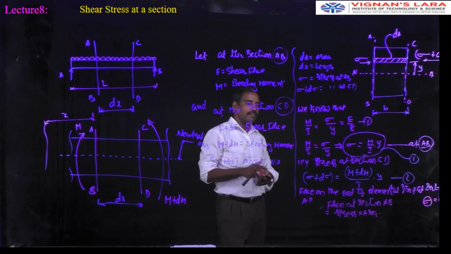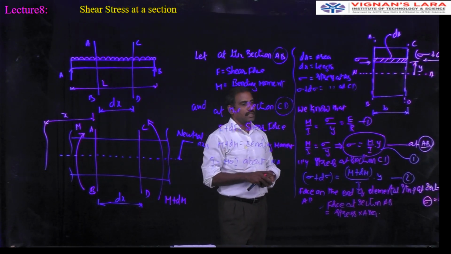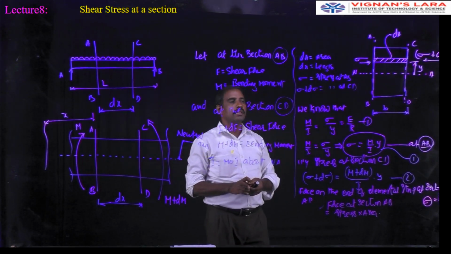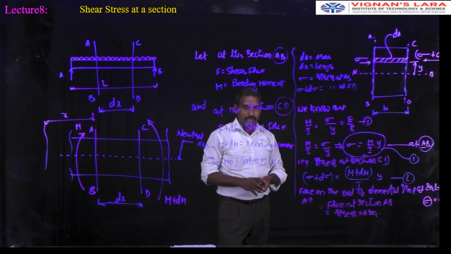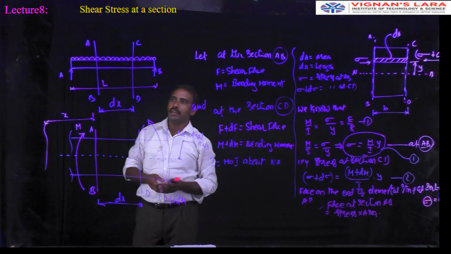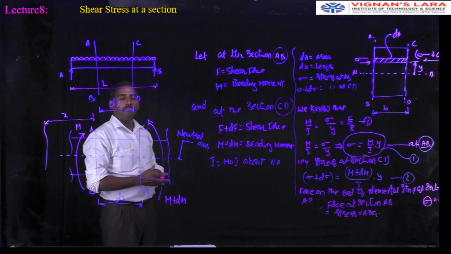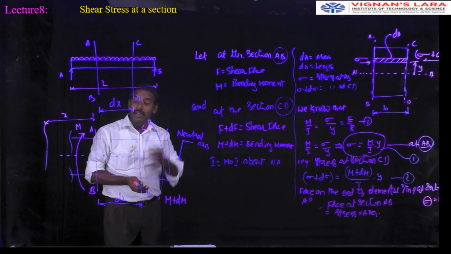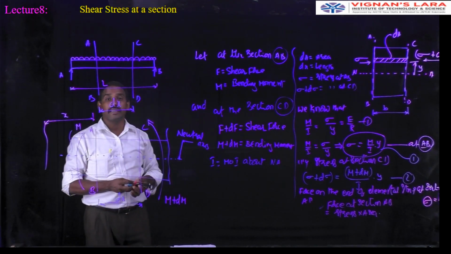Similarly, you can find the force at the section CD, and finally find the net force at any section. In this, we simply considered a part of a simply supported beam subjected to a uniformly distributed load over the entire length.